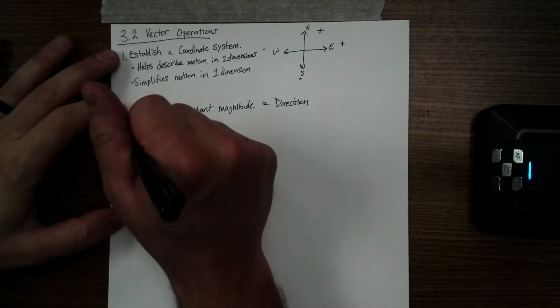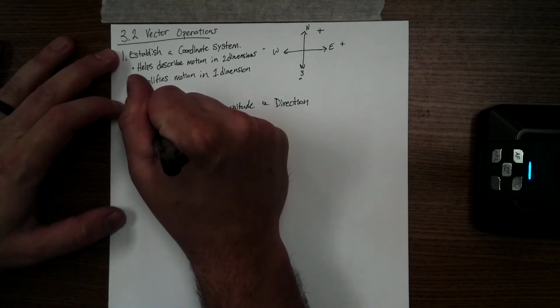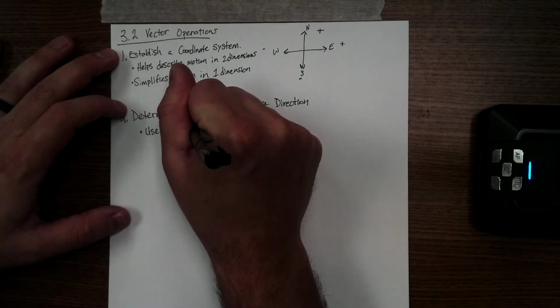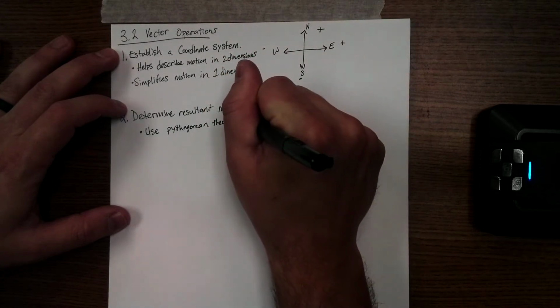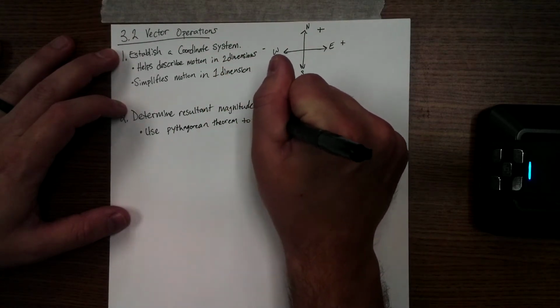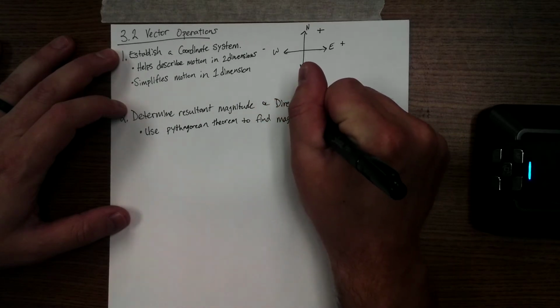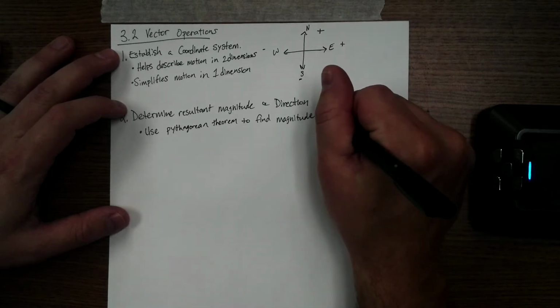And there's a couple different ways that we can do this, and it's almost a recap from section 1. We're going to use the Pythagorean theorem to find the magnitude. Okay, so we're going to use the Pythagorean theorem to find the magnitude of the resultant vector.